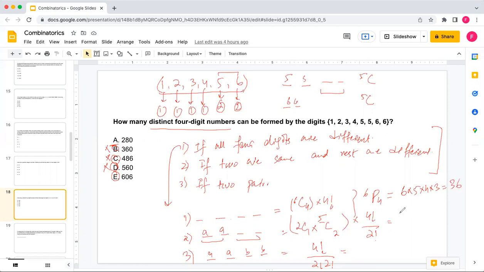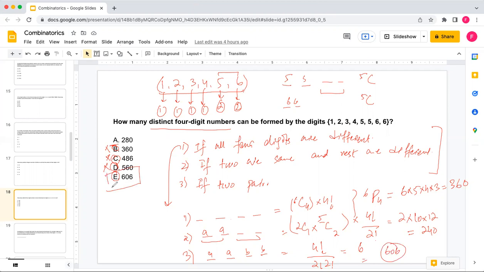And for the second one, this is 2, this is 10, and this is 12. This is how much? This is 240. This is 360. And the last one is 6. So now just add 360 plus 240 plus 6, which is 606. That's why E is the answer.